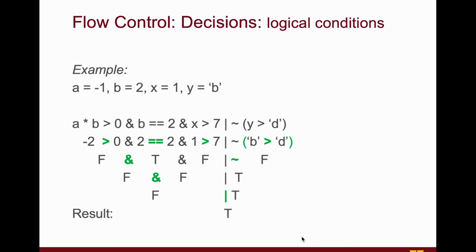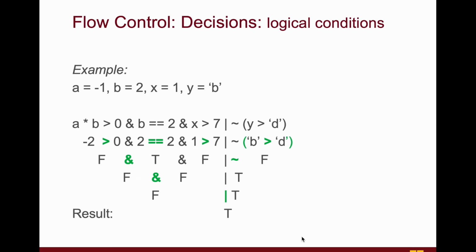And the further characters will take bigger numbers. So we are going to come up with a decision of true or false for the current logical condition, which is a times b larger than 0 and b equal to 2 and x larger than 7, or not y larger than the character d.